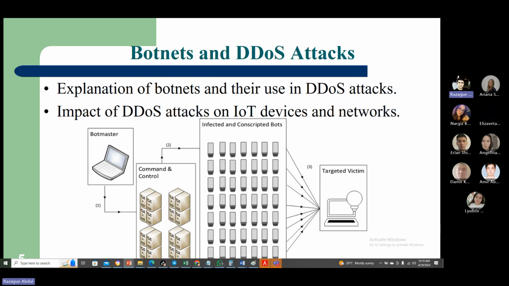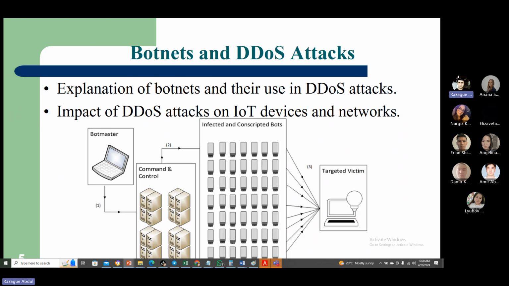So here, the role of botnets and DDoS attacks. We already know the botnets are networks of compromised devices that are remotely controlled by cyber criminals, typically through the use of malware. These compromised devices are often referred to as bots or zombies, which include computers, servers, routers, IoT devices.